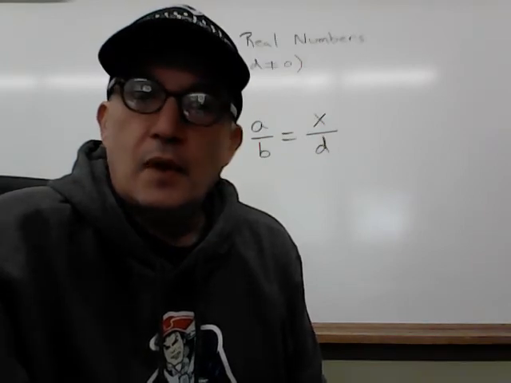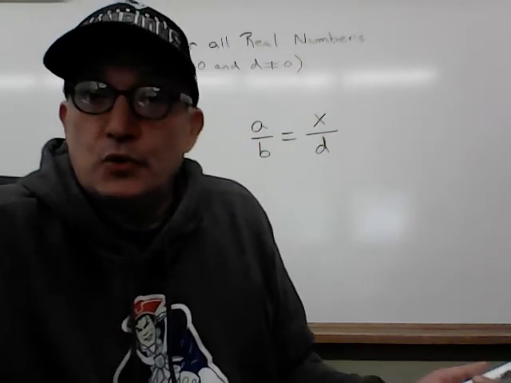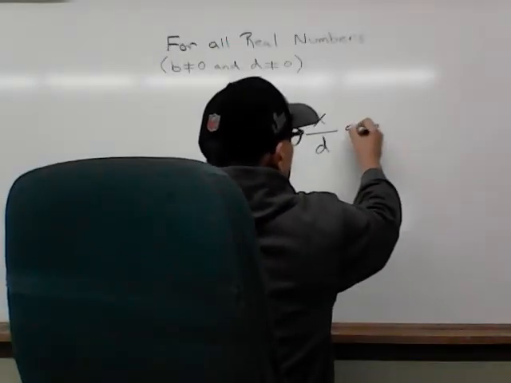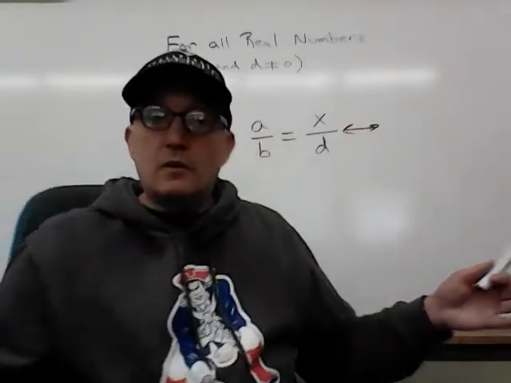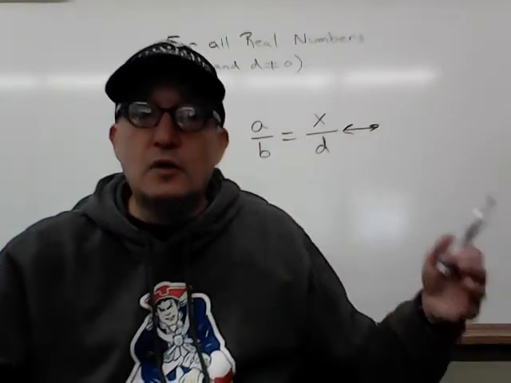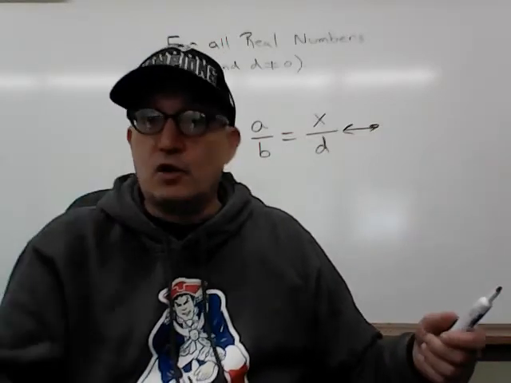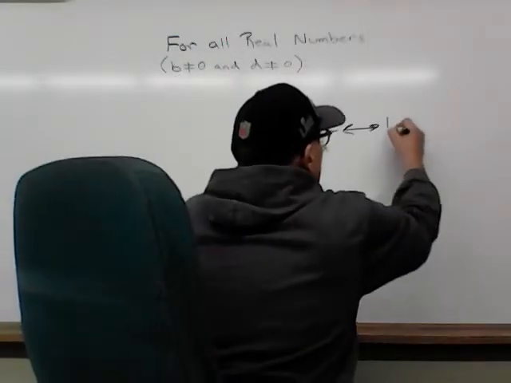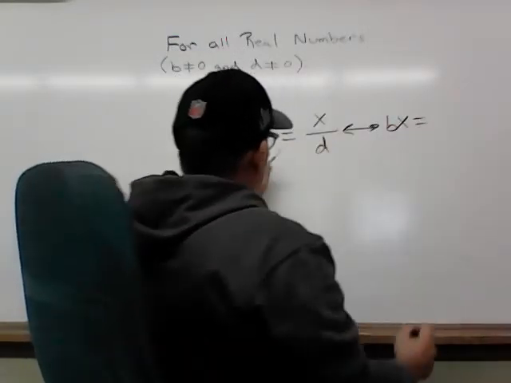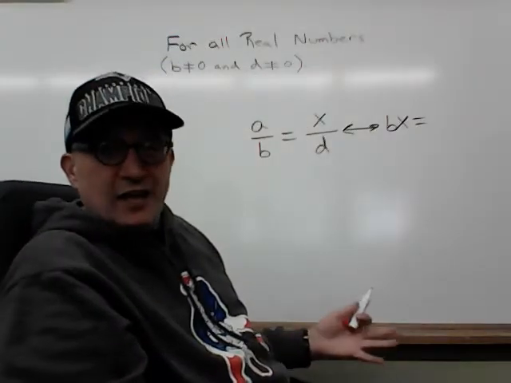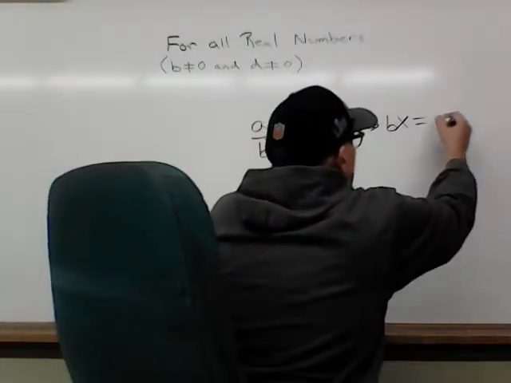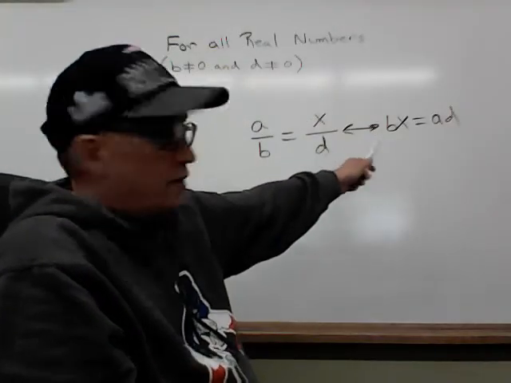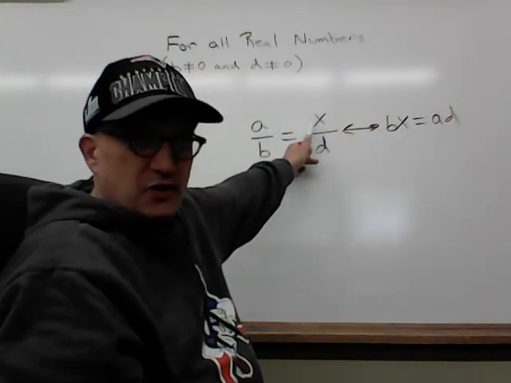Well, we could use, of course, and I want you to use, the all-important truth about proportions and their diagonal cross products being equal. So b times x must be equal to a times d. And the only difference here is that before this was a c.